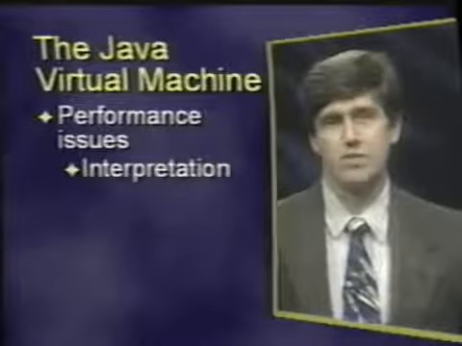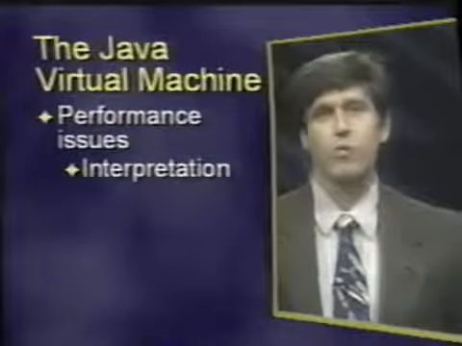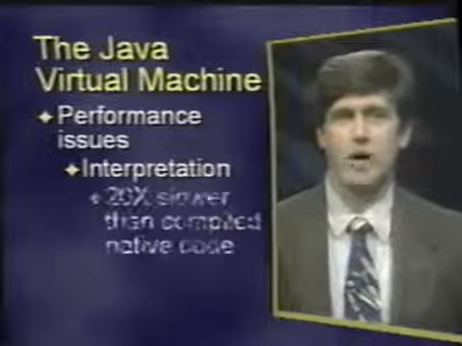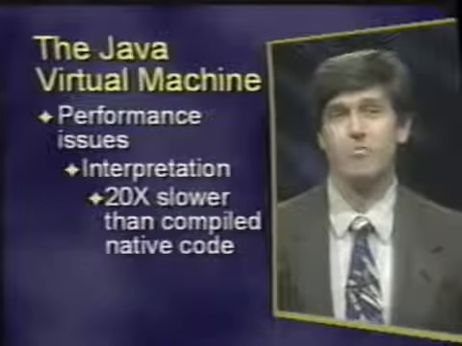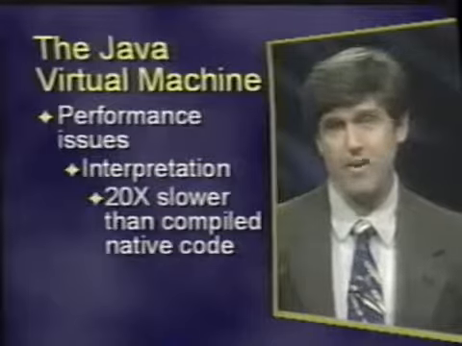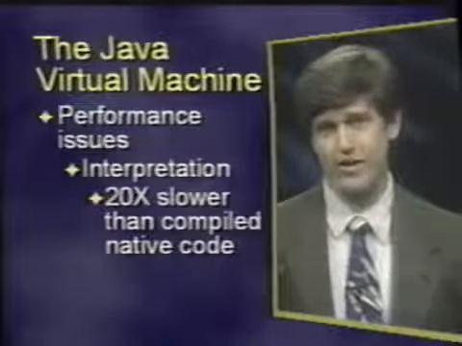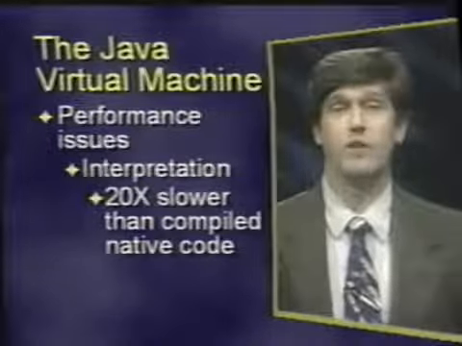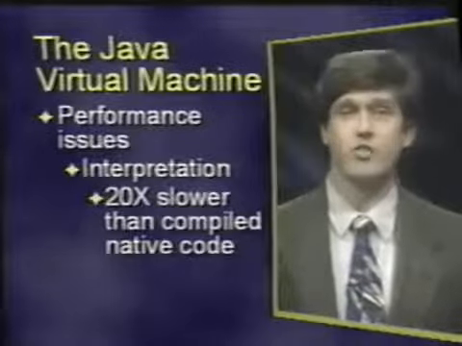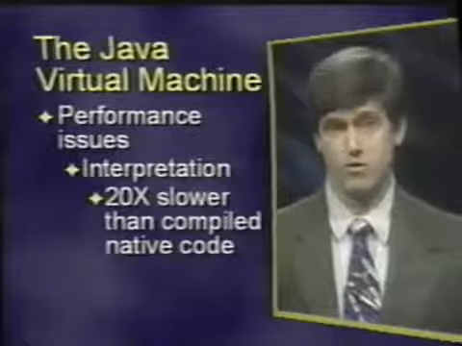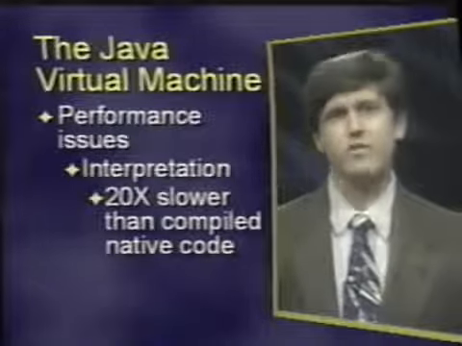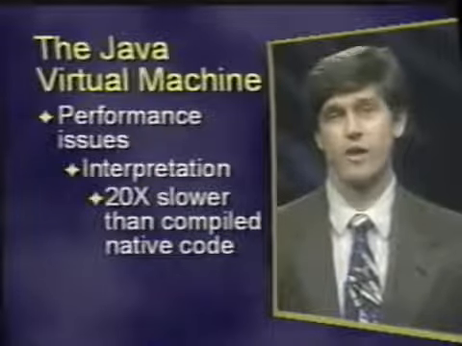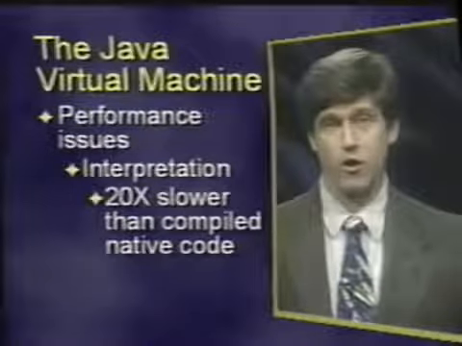A naive implementation of a Java virtual machine will run bytecode at about 20 times slower than compiled native code. You may think 20 times slower sounds pretty extreme, but on the other hand, when you have a scripting language such as C Shell or Perl or any of the popular scripting languages, some of these run 300 times slower than actual compiled native code.